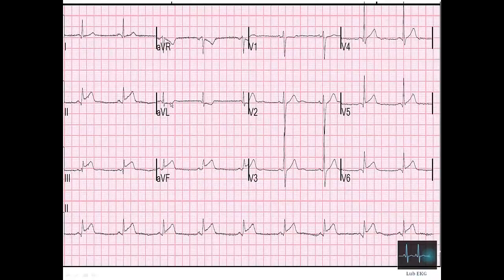You have depression in AVL, another elevation in AVF, and also in the precordial leads V6 and V5. This will, taking the clinical picture into consideration, be typical of an inferior ST elevation myocardial infarction. Did you get it? Perfect.